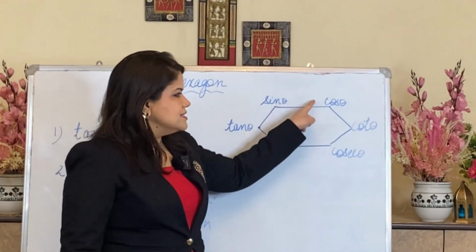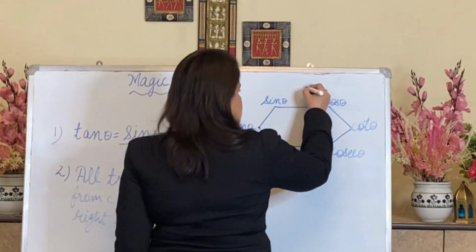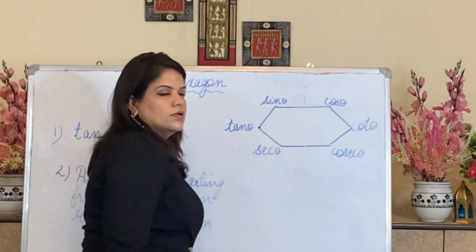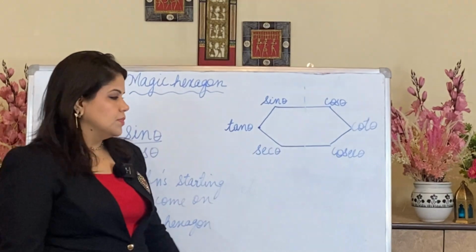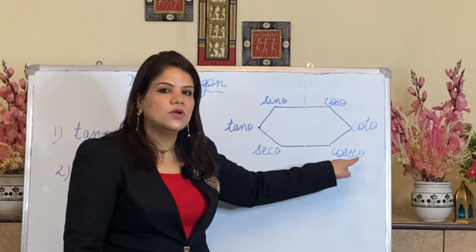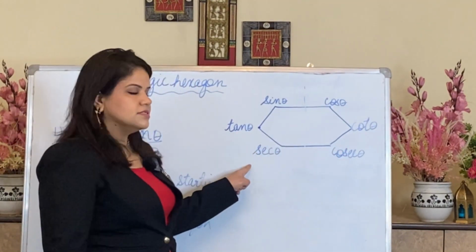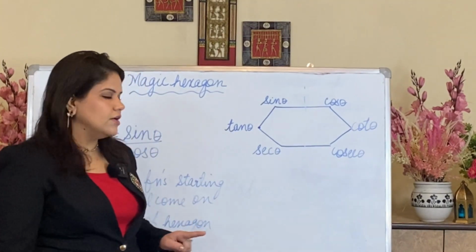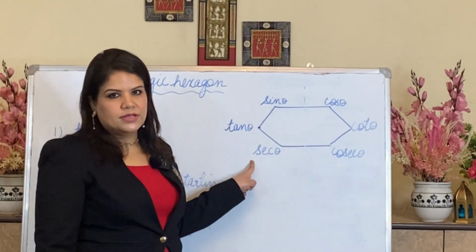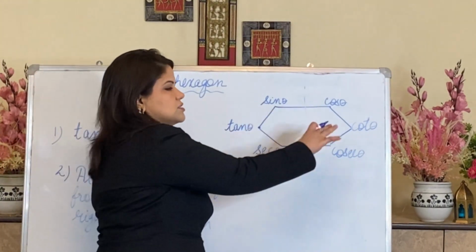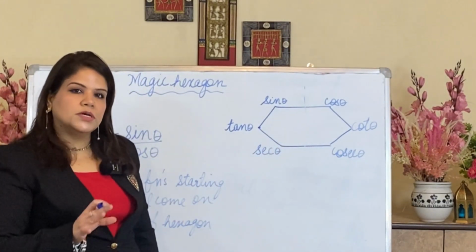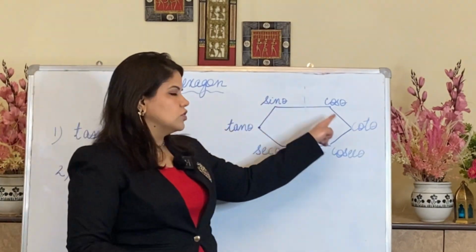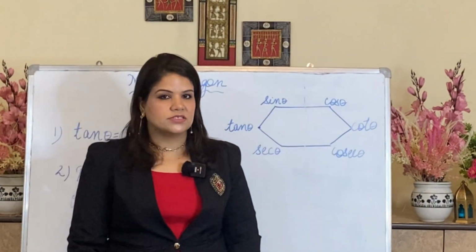And what else is left on this side of hexagon which is starting with C? Cosecant. So cosecant will come on this side. And only secant was left, so secant will have this position. These positions are fixed, you can't change them. If you want to use magic hexagon, these positions of trigonometric functions are fixed.